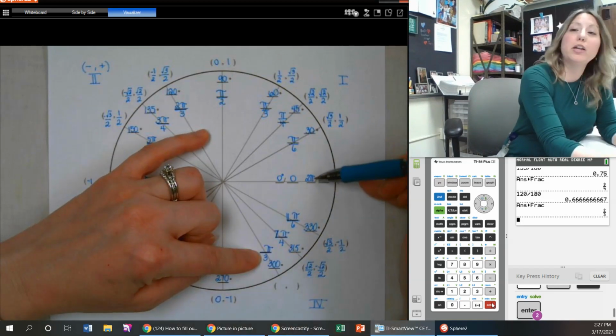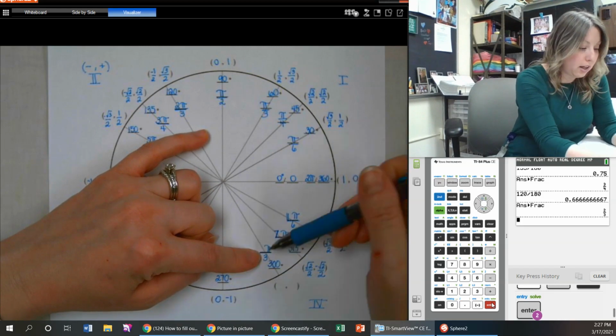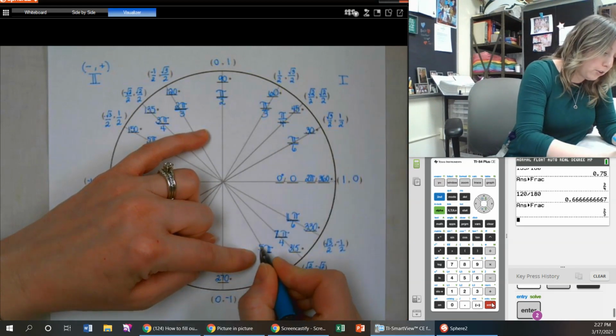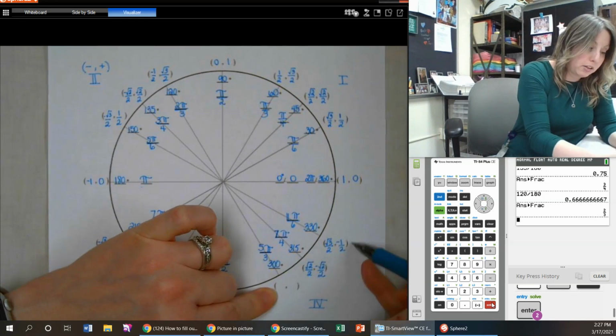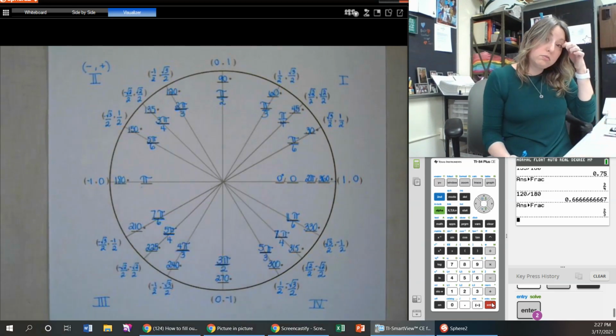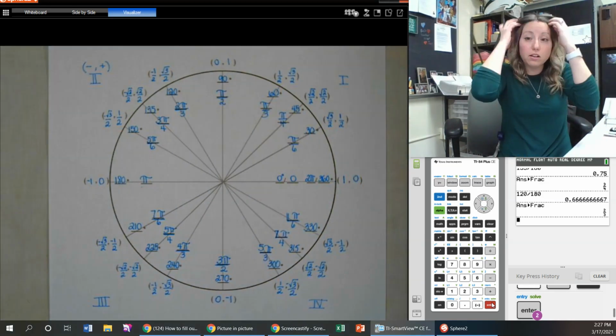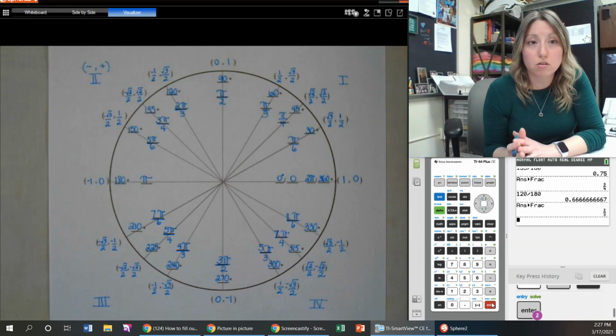If I get all the way to 2 pi, that's 6 pi over 3. So one less than that is 5 pi over 3. And then for coordinates, it's the opposite of what I have here. So a positive 1/2 is your x value, a negative radical 3 over 2 as your y value. That is how we fill in the unit circle when we're given a blank unit circle.